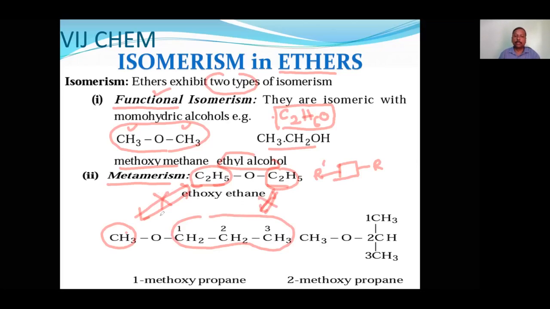That type of isomers are called metamers. Metamers have the same molecular formula, but the alkyl groups attached on either side of the functional group must be different. So this is also an example. Here it is isopropyl and methyl. So how many types of isomerism are they showing? They are showing two types: functional isomerism and metamerism.